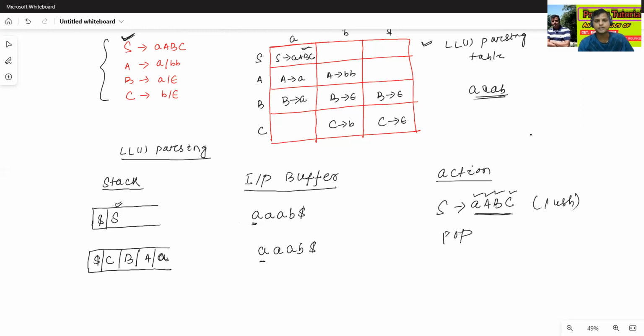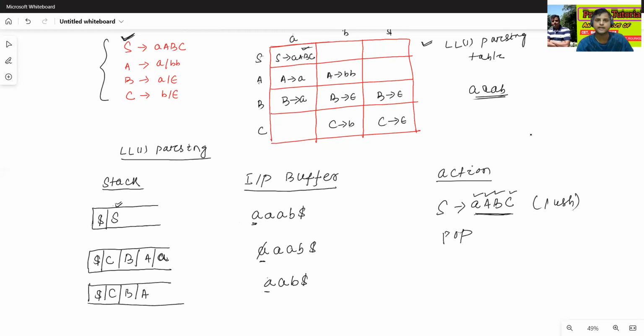So now this is dollar, this is C, this is B, this is A. So A pop. Finally, the remaining string is here AAB, dollar.